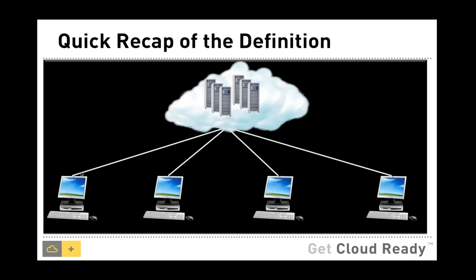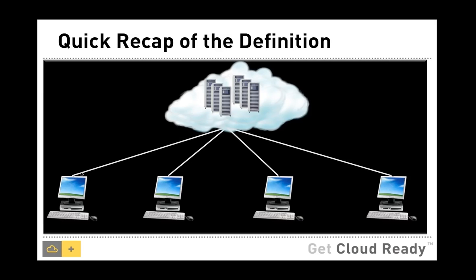So let me do a quick recap of the definition. So cloud computing is about accessing your IT resources remotely, right? So IT resources could be infrastructure, could be platform, could be software, but when you are accessing them remotely, on demand, self-service, pay by use, you essentially deal with the cloud.